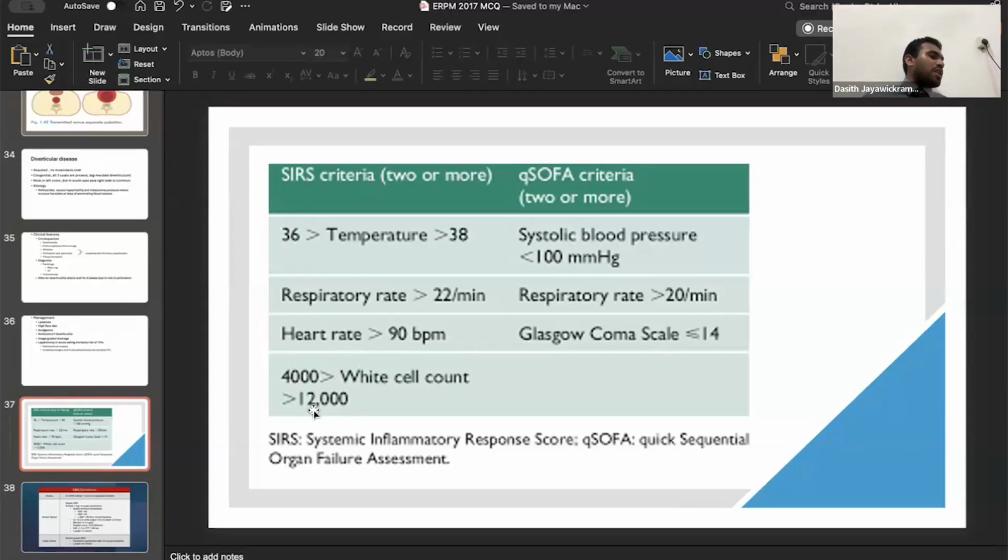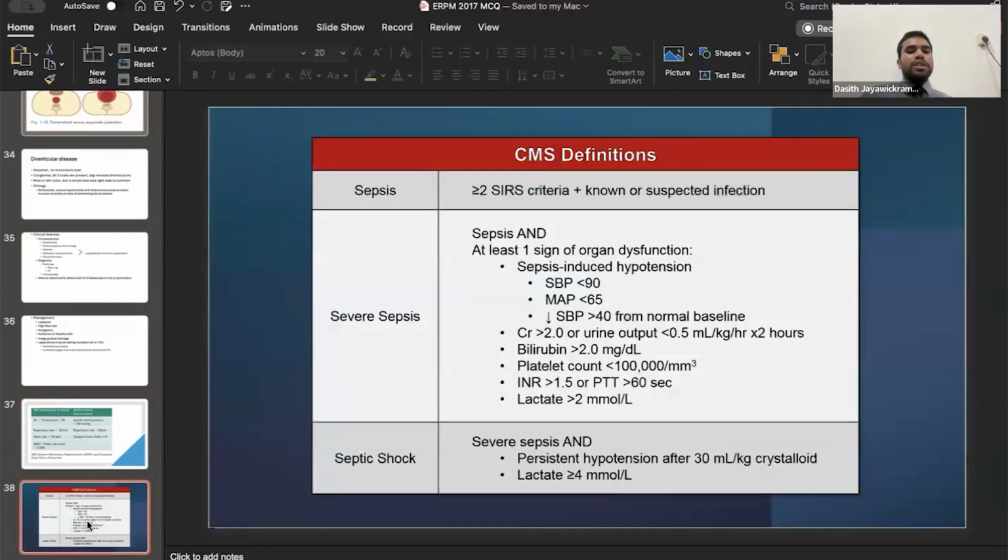Next one, pulse rate 100, respiratory rate 22, serum creatinine 2 milligrams per deciliter. This patient has two criteria of SIRS, pulse rate and respiratory rate, and a creatinine level of 2 milligrams per deciliter, which tallies with one feature of organ dysfunction. So this patient has severe sepsis.